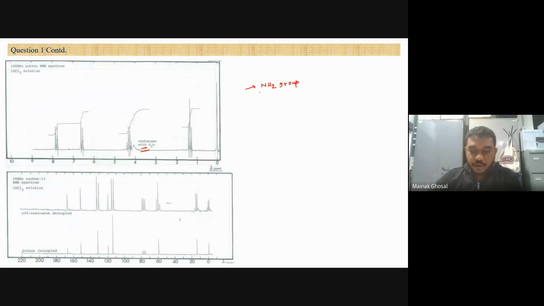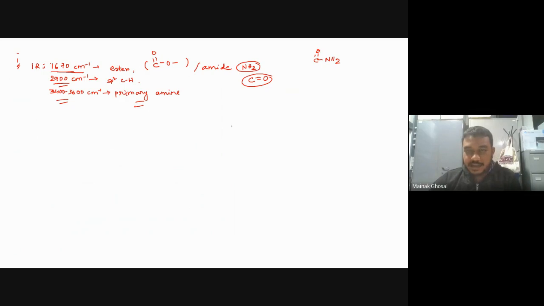So NH2 is confirmed as isolated NH2, not present as an amide. So the possibility is that it is some kind of ester, because it is not an amide carbonyl, which would be lower than 1700. So there is a possibility that an ester is present. We cannot confirm it, but there is a possibility.